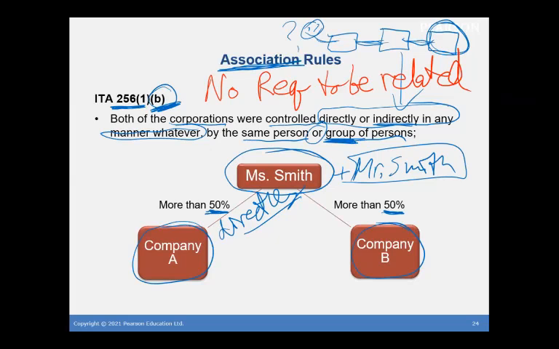Those two, although they're totally different businesses, if you control both of them, own more than 50% of the voting shares, those two companies will be considered associated and they'll have to share the limit. It's kind of like you are getting that 500 limit once for yourself, not opening up 100 different corps and getting it 100 times.